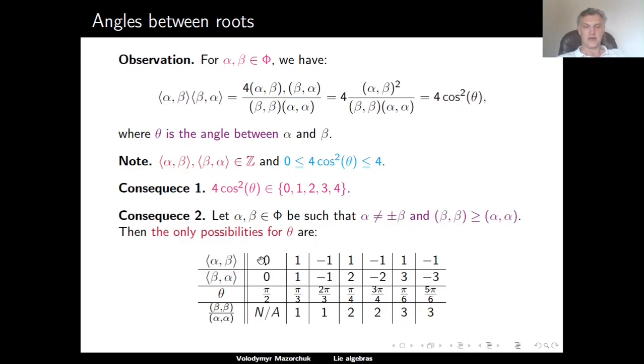So both angle brackets can be 0. This means that the angle theta is pi over 2. And then we cannot say, of course, anything about the ratio of the lengths of the vectors beta and alpha, or the squares of the lengths.